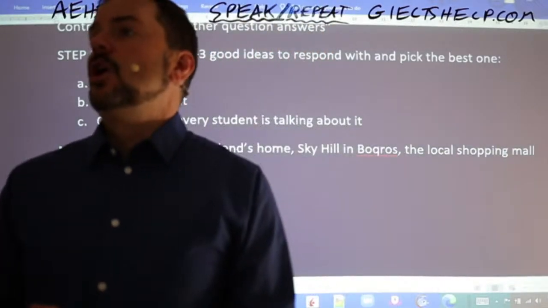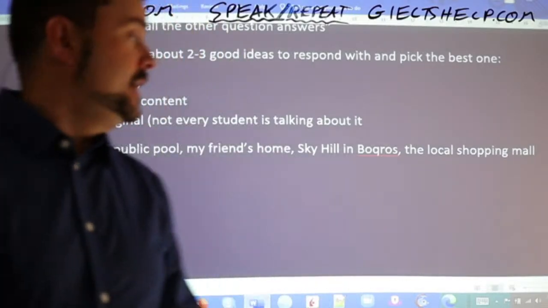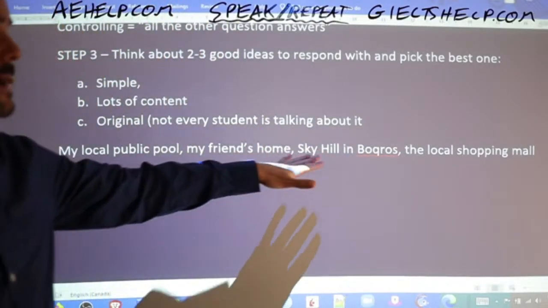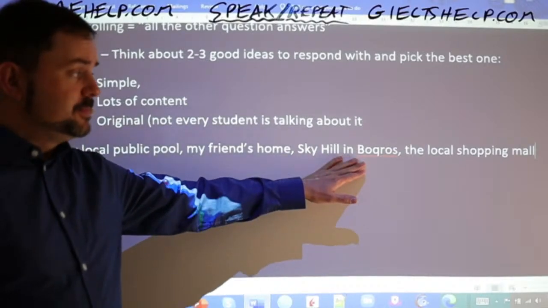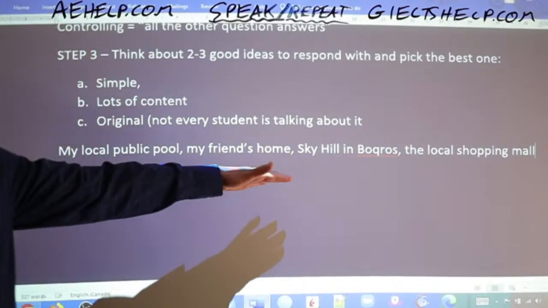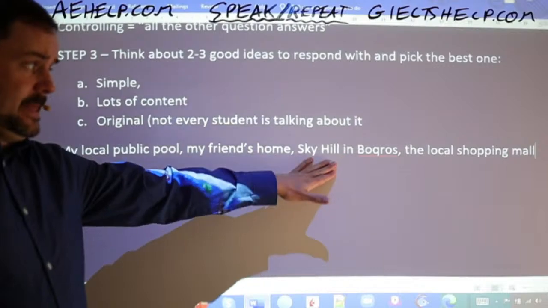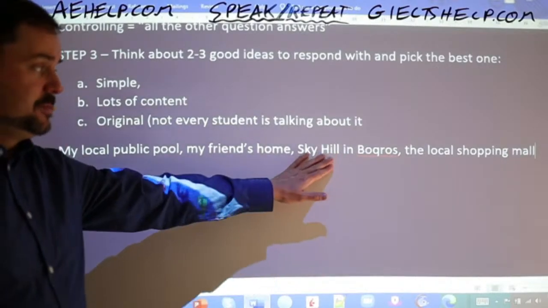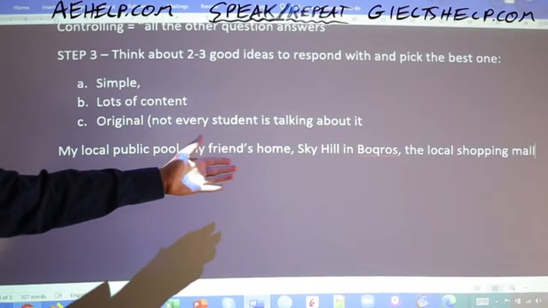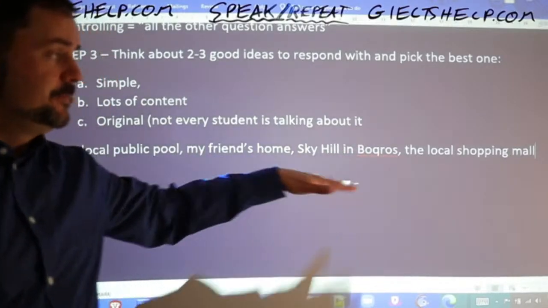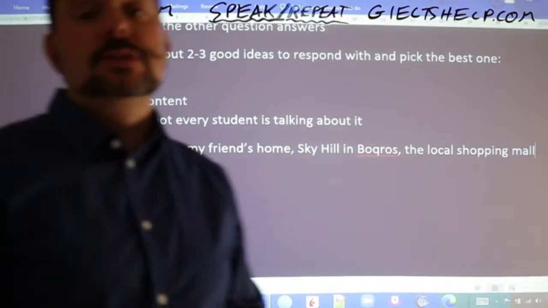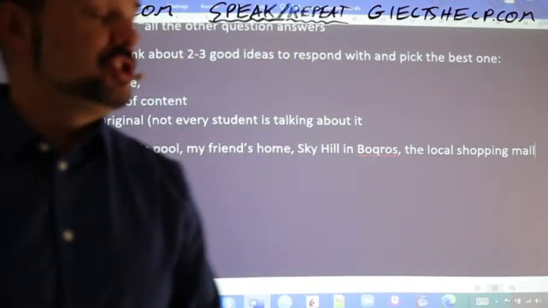So, Ois, for you, Sky Hill might be a really good choice if you know a lot about it, because it's nice and specific, especially if it's, for example, an area that maybe has a lot of criminal activity, it's got a lot of dangerous people, or it's got a lot of construction, which makes it dangerous. So that would be a great choice. I don't know much about it, so it's a tough choice for us to all share and chime in on.